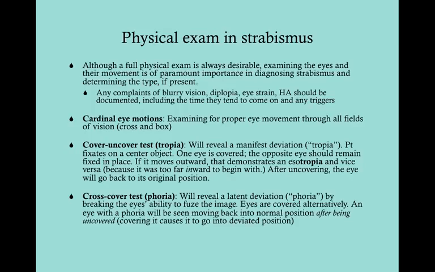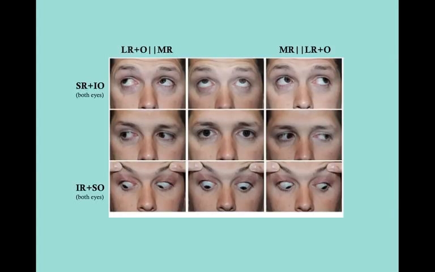So when you do a physical exam in a patient with strabismus, a full physical exam is always desirable. Examining the eyes and their movement is of paramount importance because that's going to help you diagnose the exact type of strabismus, whether or not it's a tropia or phoria, if it's eso or exo or hypo or hyper. So first thing we want to do is observe the cardinal eye motions. The cardinal eye motions are just like we saw back here.